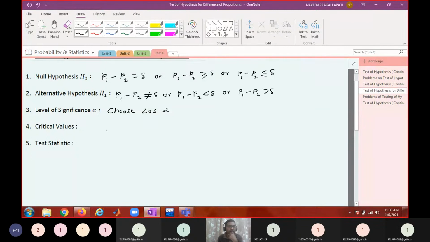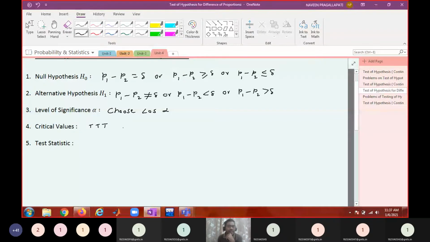So the critical values again depend upon whether it is a left tail or right one tail test. For all large samples, the distribution of the statistic will be approximated with the normal distribution. Therefore when you normalize the random variable, it will have a standard normal distribution or approximately standard normal distribution.